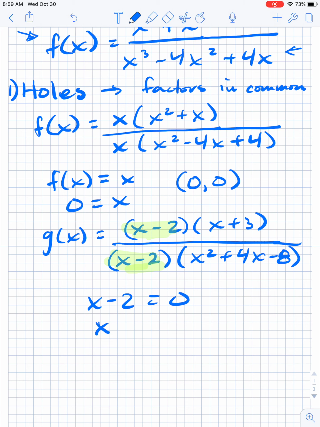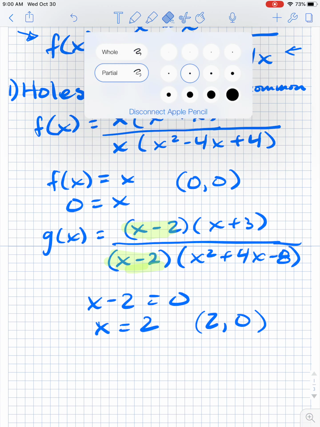So where x is equal to 2, which means that at the point 2, 0, 2 comma 0, I'm sorry, let me go back to that. That's how you find it. That's not where the hole is.